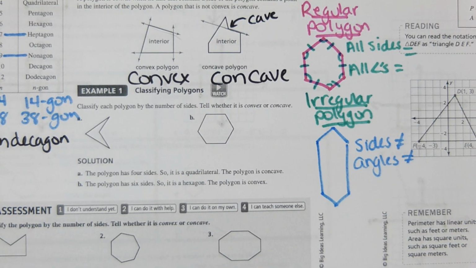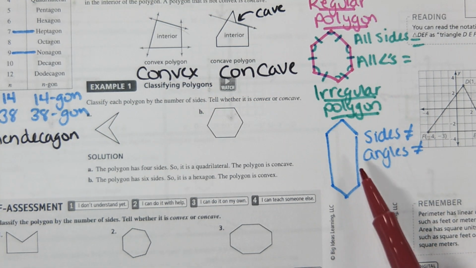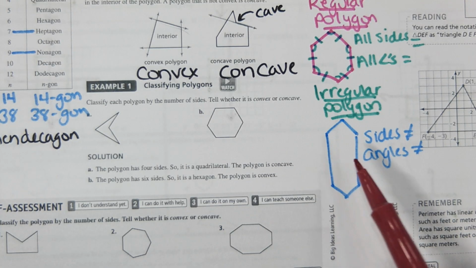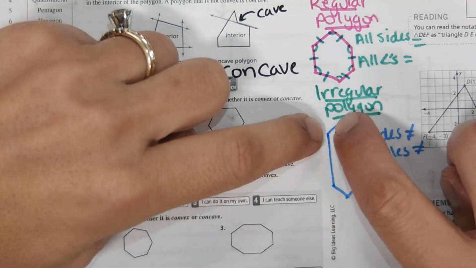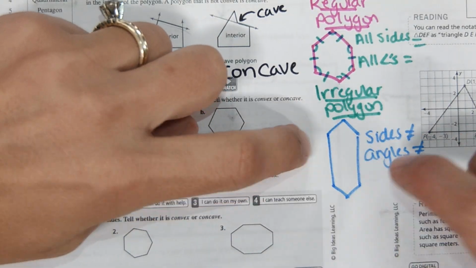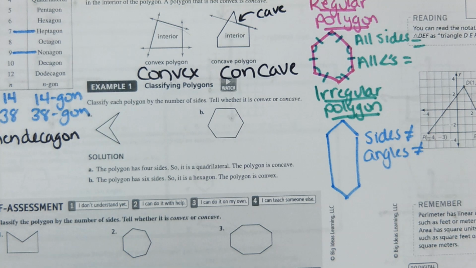So all the sides are not equal. There might be some that are equal, like I don't want to mark it up too much, but these sides could be equal, or these sides could be equal to each other, but not all 6 are the same length. Whereas here, all 6 are the same length and all the angles are the same.